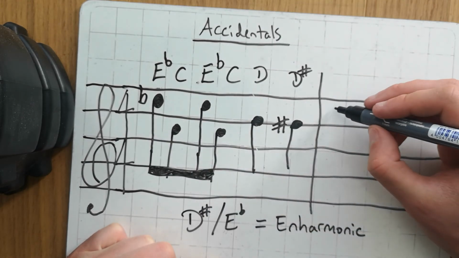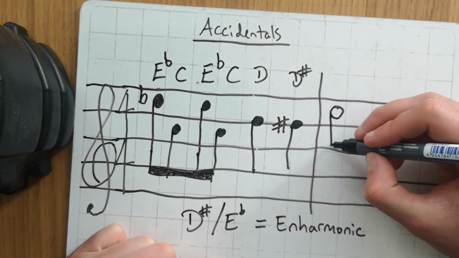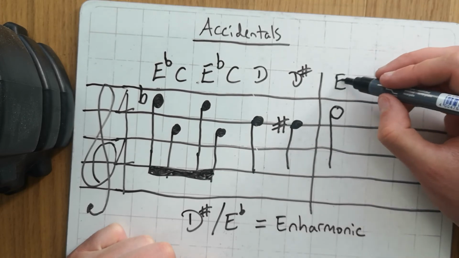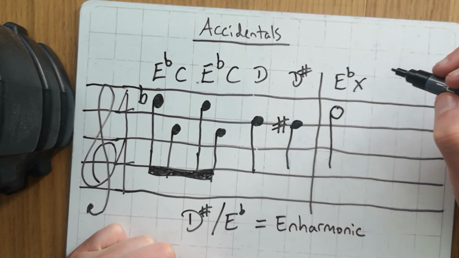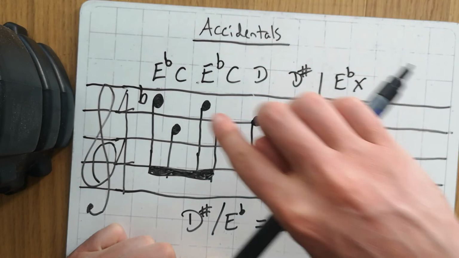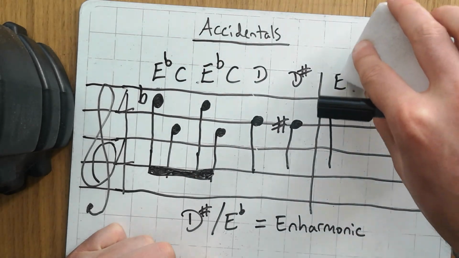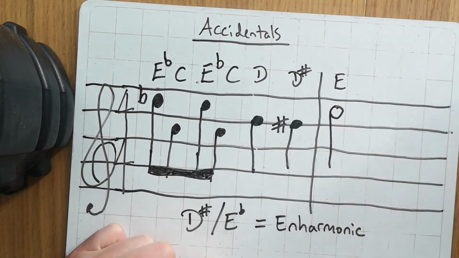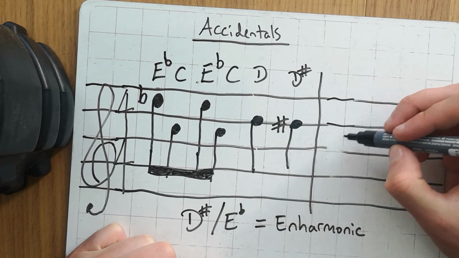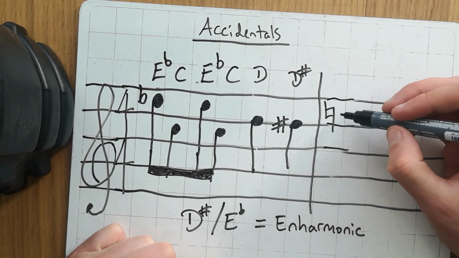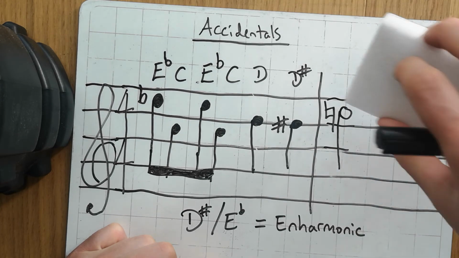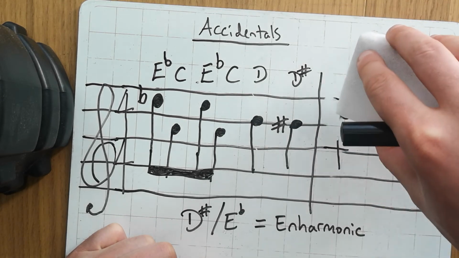If I then have another note here, it's not E flat, because we've got to the end of our bar. So this flat symbol has stopped applying, and it's now just a regular E. I could, if I really wanted to, put a natural symbol in first to make it really clear to the person playing it, but because I've got a bar line, I don't have to.